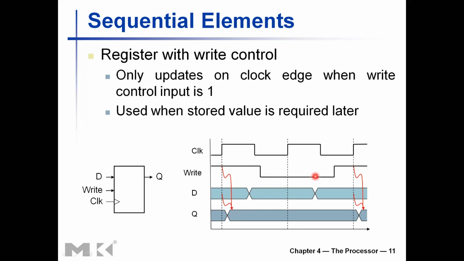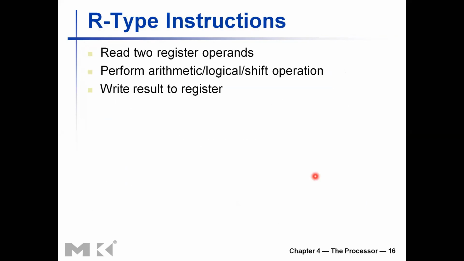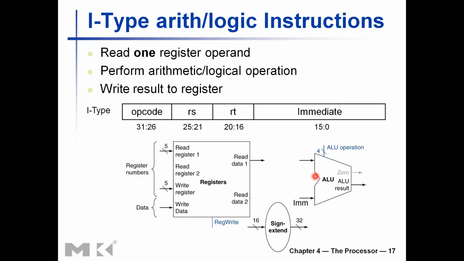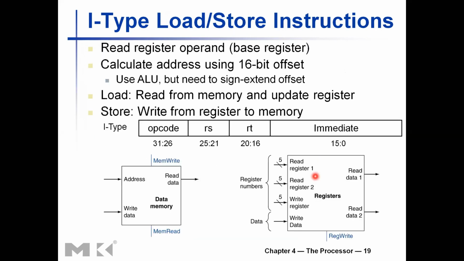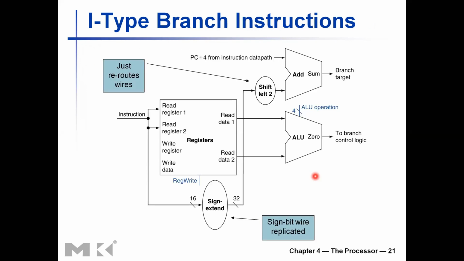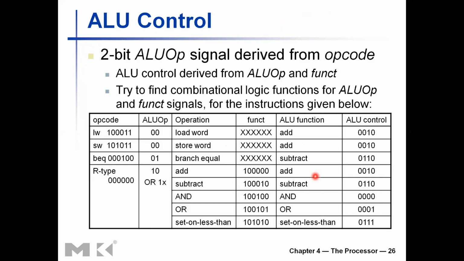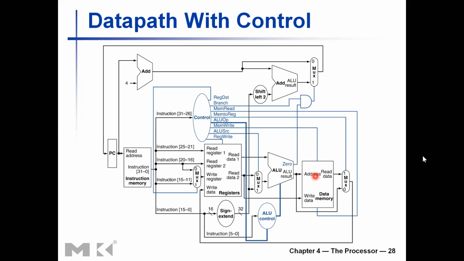So that is why you have two different signals, so you can do reads and writes at the same time if required. In this particular example, we are not reading and writing at the same time, so it doesn't make a big difference. We might be able to use one signal and design the data memory to support that, but generically you should be able to write and read at the same time.